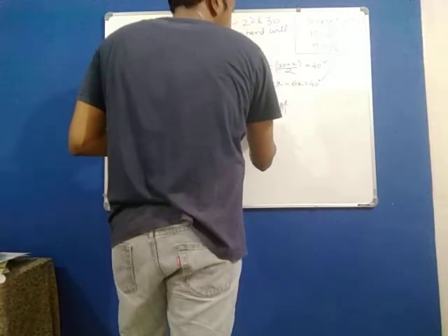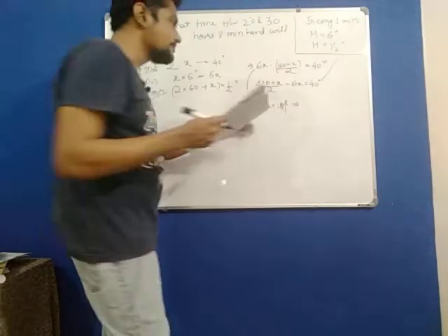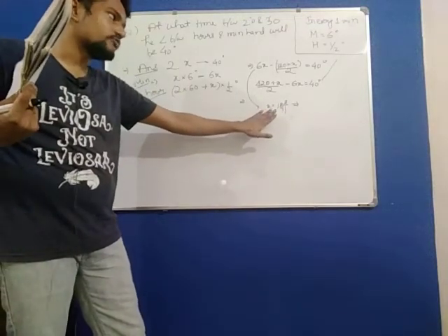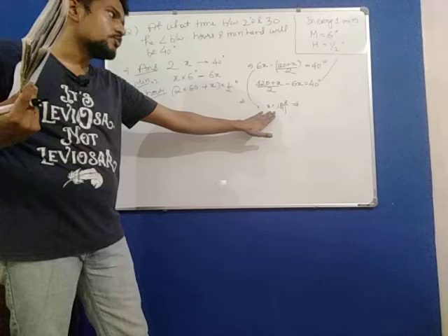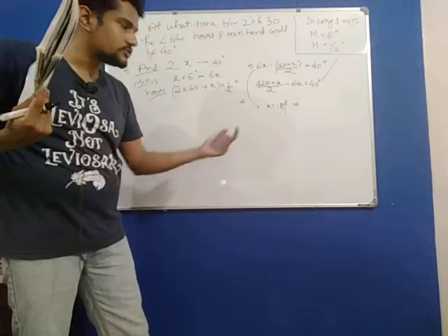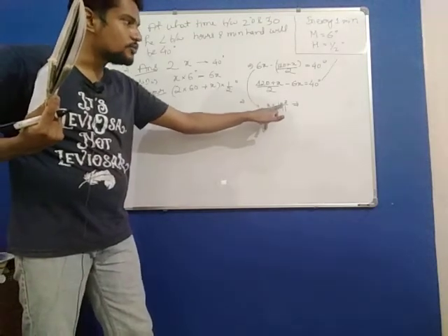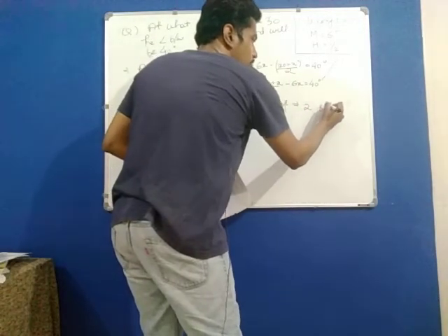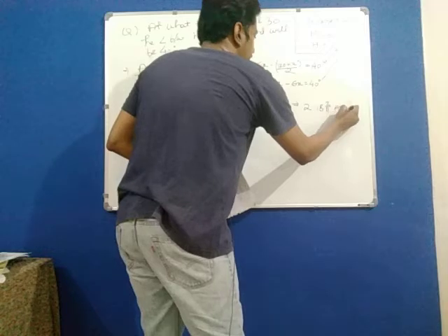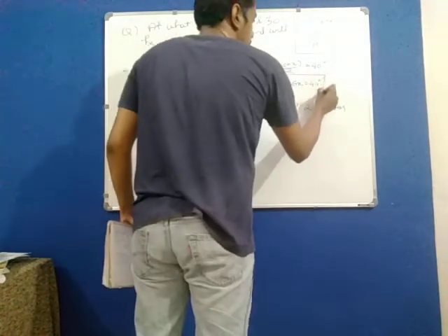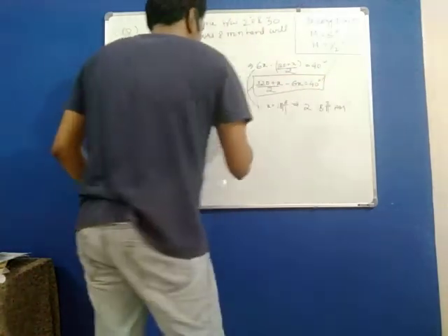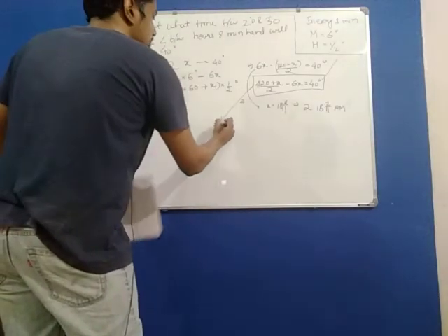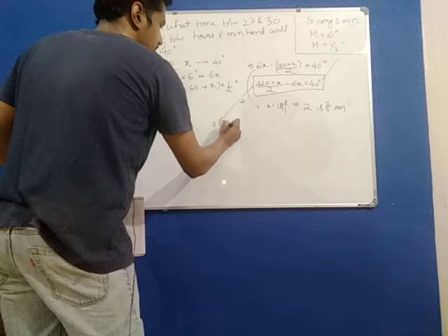So the time instant at which the hour's and the minute's hand will subtend an angle of 40 degrees between 2 o'clock and 3 o'clock, one such time will be 2:18 2 by 11 minutes, that is 2:18 2 by 11 am, and the other time can be calculated from this particular equation, and when we calculate it we will find out that it will come out to be equal to 3 by 11 minutes.